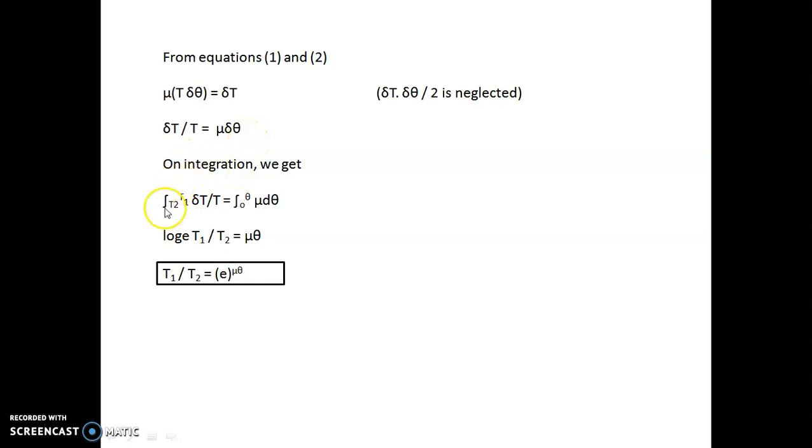So integration of delta T upon T equal to integration of mu delta theta within the limit T1 to T2 and 0 to theta. So log e T1 upon T2 is equal to mu theta, and T1 upon T2 is equal to e raised to mu theta. So this is called the limiting tension ratio.